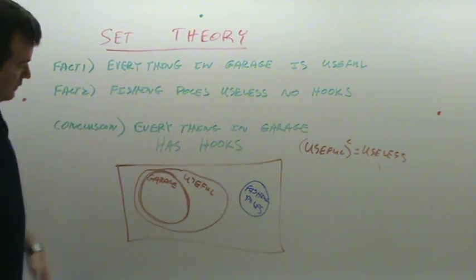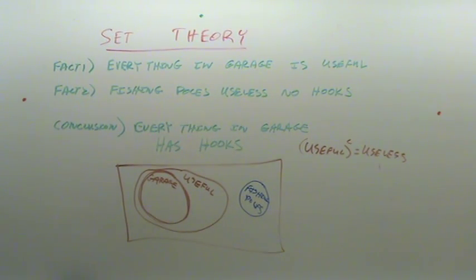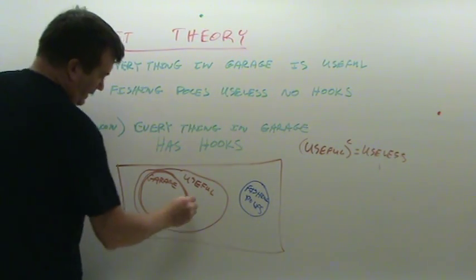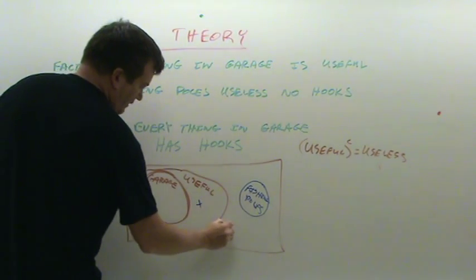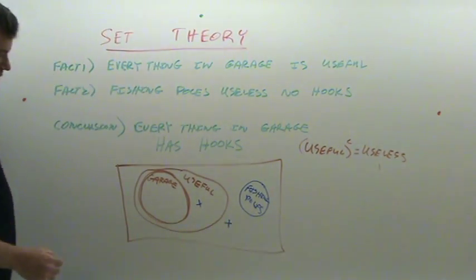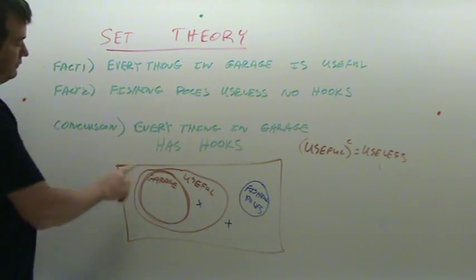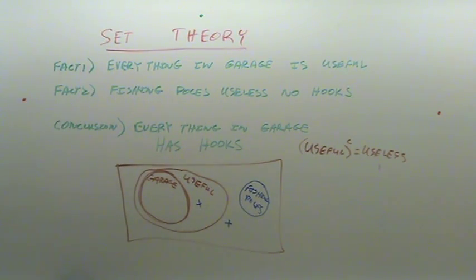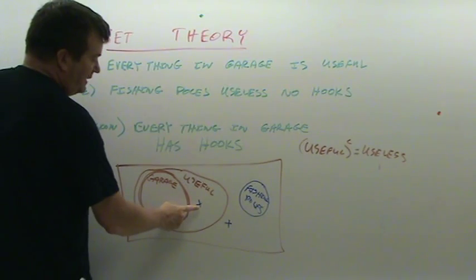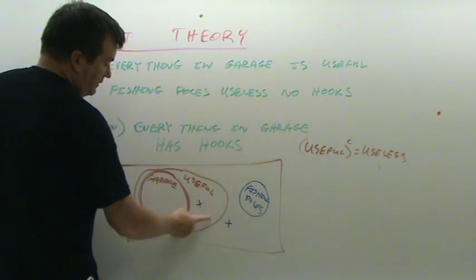So the question is, is it possible that something could be here or here that has hooks? And that's possible. So the way we would prove this conclusion is wrong is to show that it's possible that something could be here with hooks.